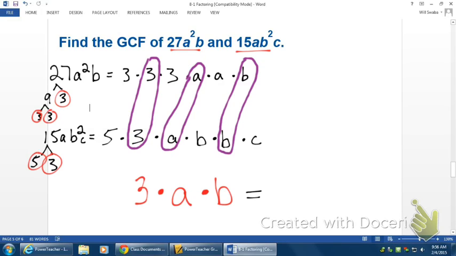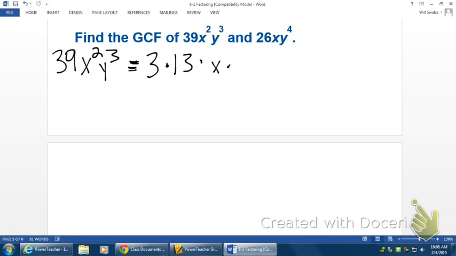Last thing you would do is combine all of it. It's fairly simple. Write down 2 X's. Y to the third tells me I have 3 Y's, so I'm going to write down 3 Y's. On to 26 X and Y to the fourth.